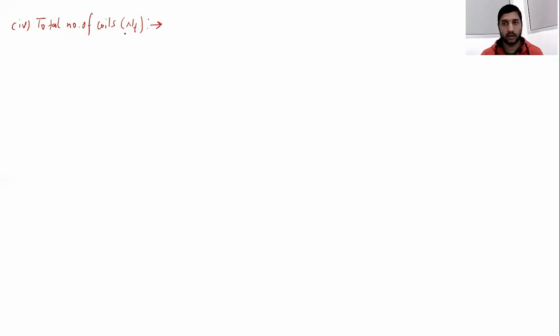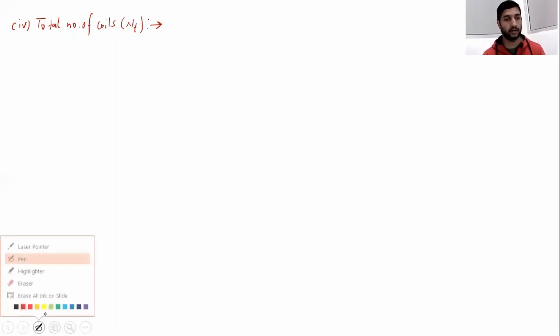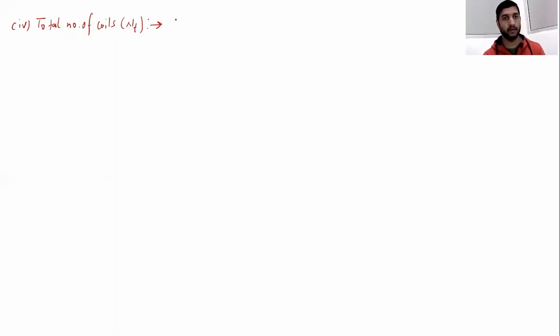Since in this question it is not given what the end of the spring is, you will have to assume this. So you can write a line over here that we are assuming that the spring has square and ground ends.